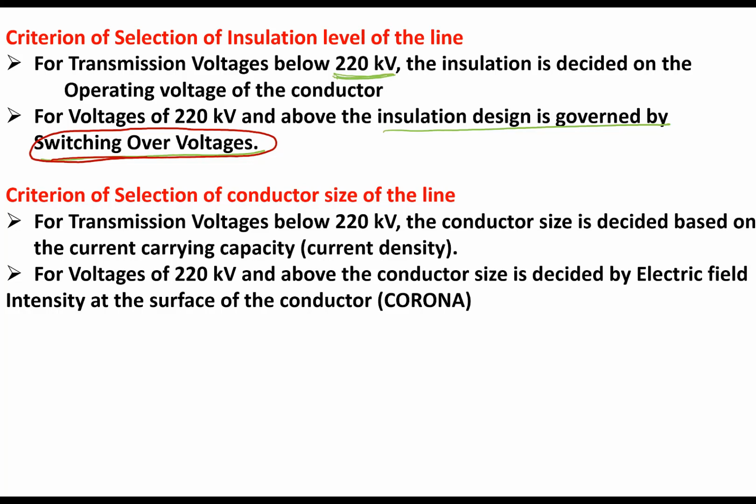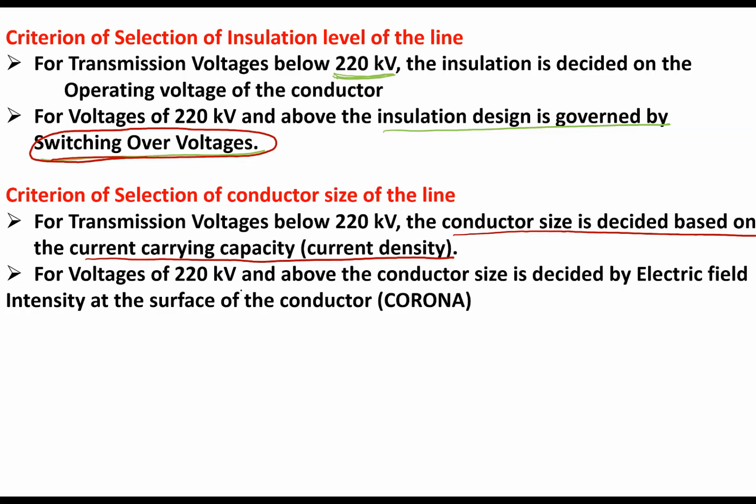Next, what is the criteria for selecting the conductor size? As we have already seen, for transmission voltages below 220 kV, the conductor size is decided by the current carrying capacity of the conductor, how much current it is carrying. But beyond 220 kV, corona starts occurring.